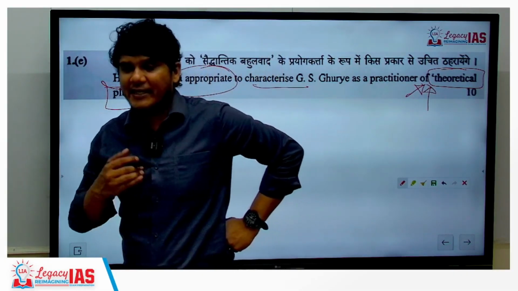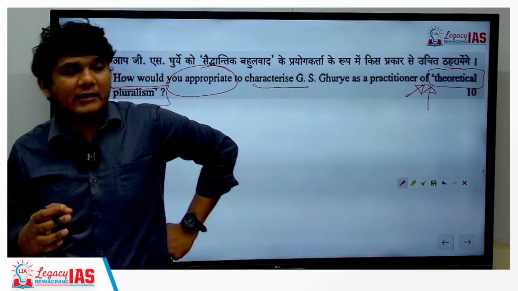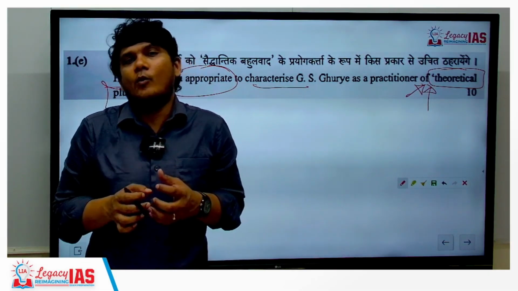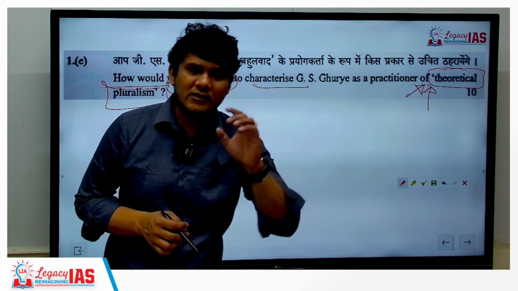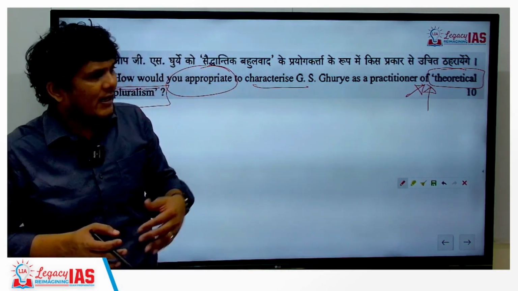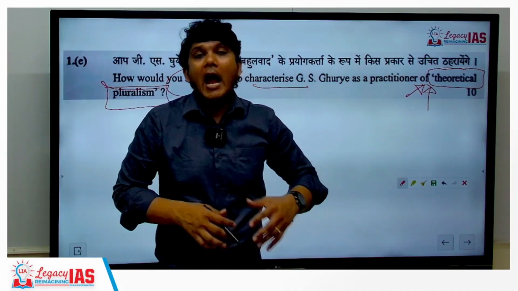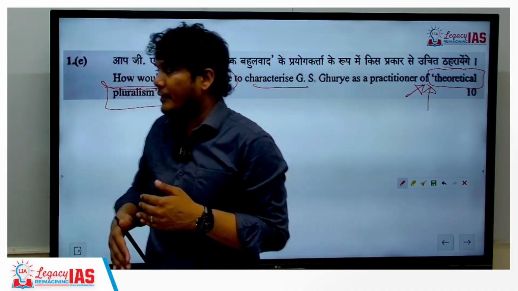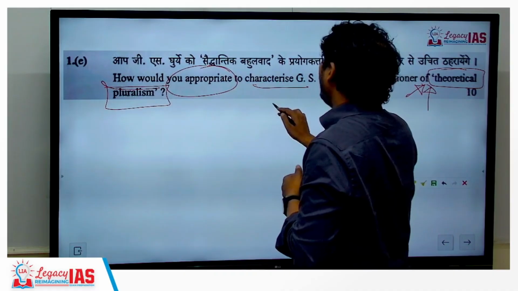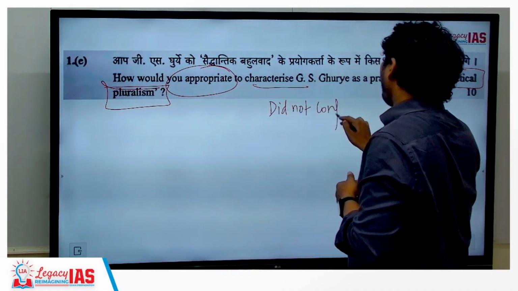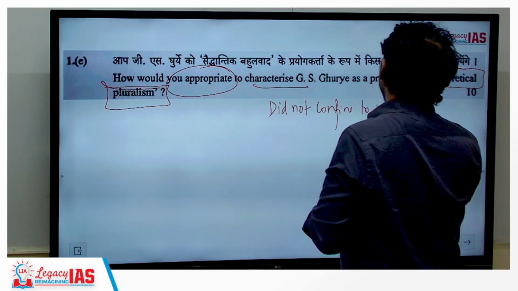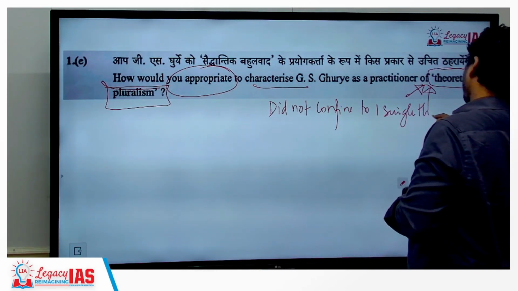He had his textual view, of course, but the approach was not a single one, that of, let's say, conflict, or functionalist. He abided by the text he was reviewing and proceeded with respect to what the text said, and did not confine himself to one single theory.